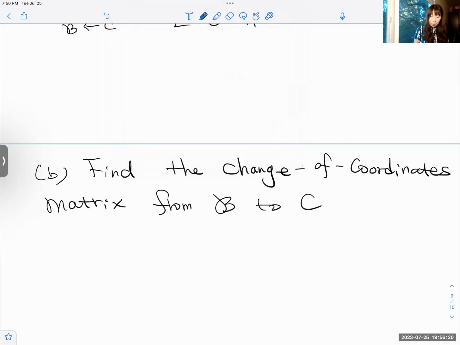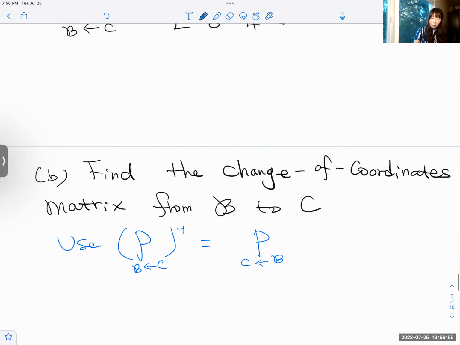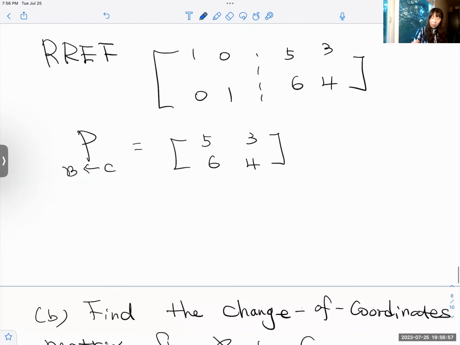So we have the inverse of the matrix from B to C being C to B, and then taking the inverse we can find the change of coordinate matrix from B to C. So we have this one, right?